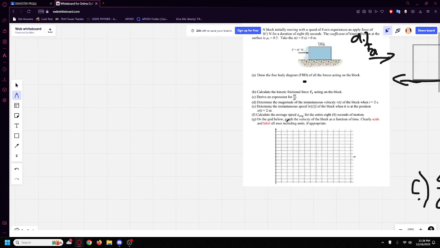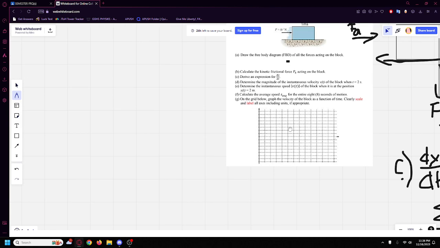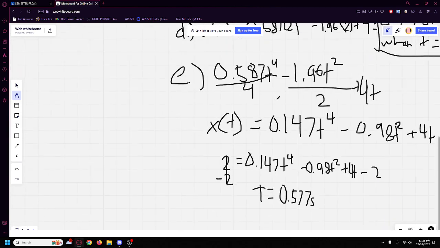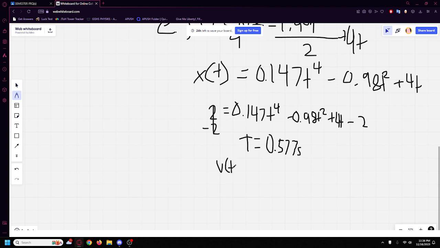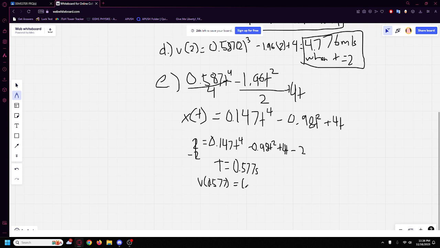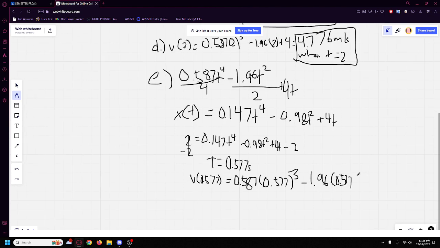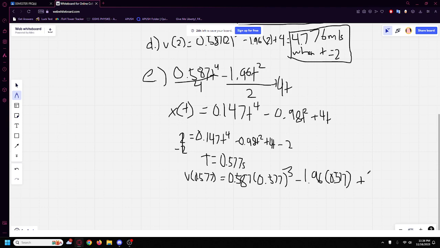To find instantaneous speed, you plug in v of 0.577, which is equal to 0.587 times 0.577 cubed minus 1.96 times 0.577 plus 4.